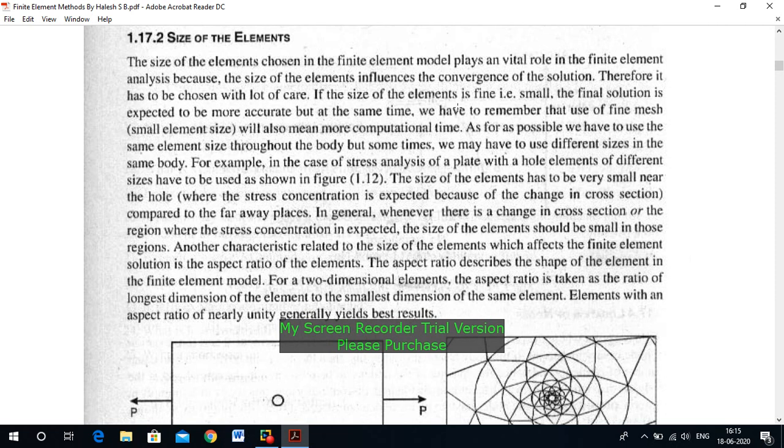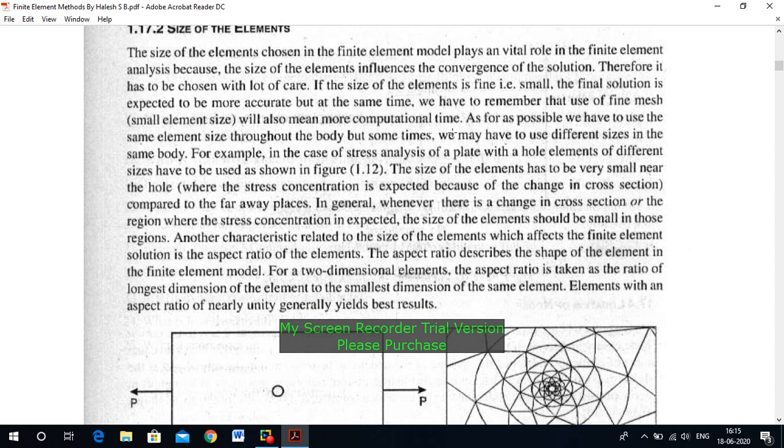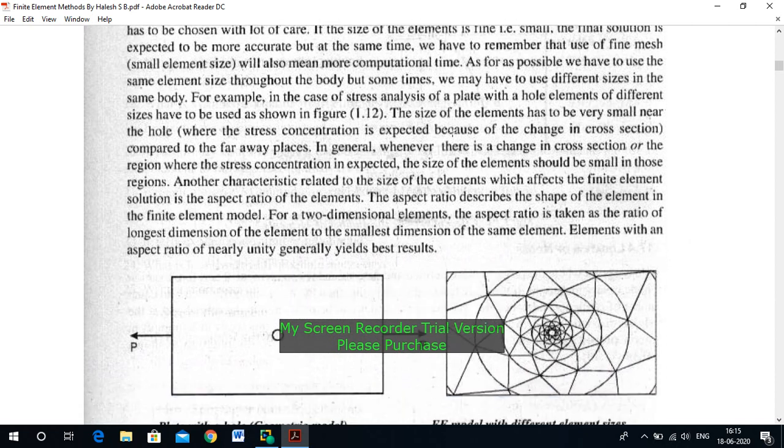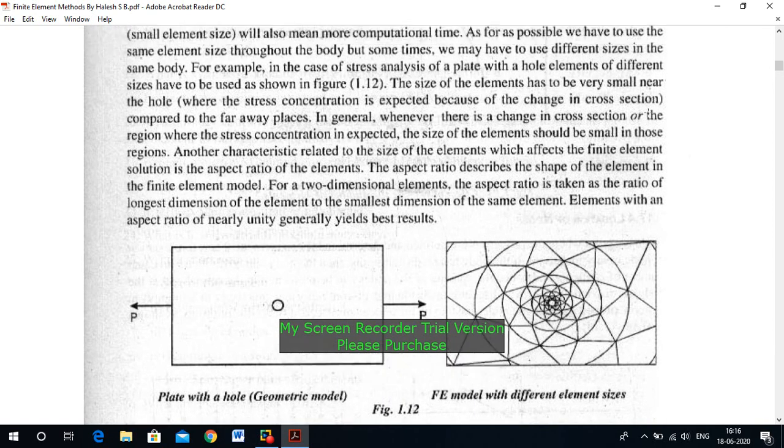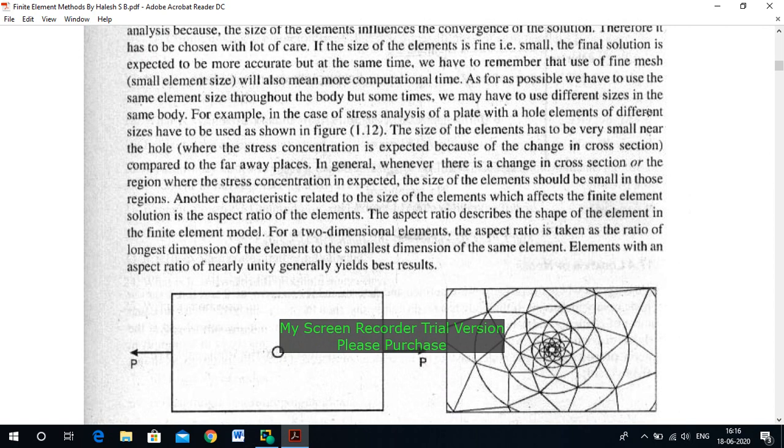If the size of the element is fine or small, the final solution is expected to be more accurate, but at the same time we have to remember that use of fine mesh will also mean more computational time. If you consider a rectangular plate with hole, after the discretization process, the size of the elements is very fine, small.